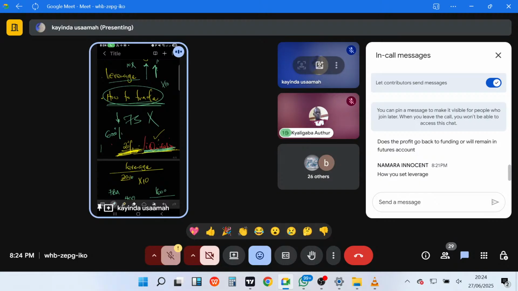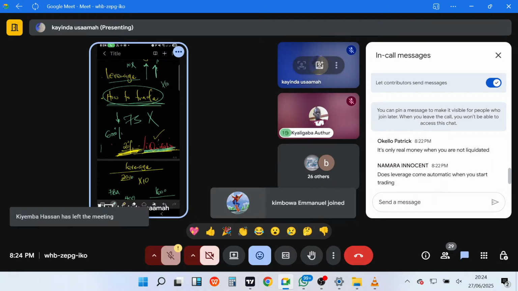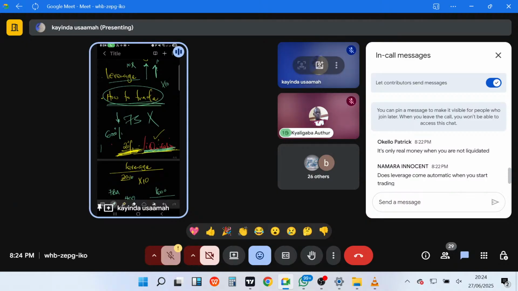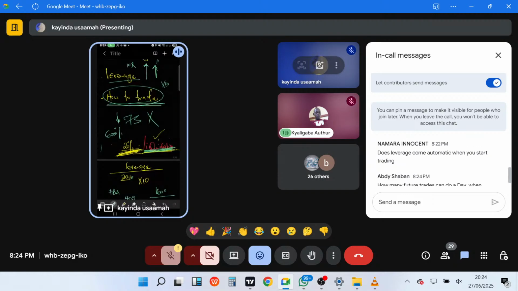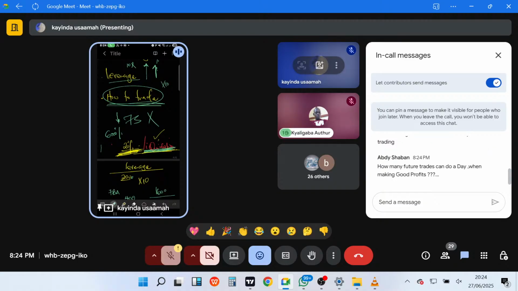Someone asks, how do you set leverage? We are going to look at that tomorrow. It's only real when you are online. He's asking, does leverage come automatically? No, my brother, not at all. You set it. We're going to look at that tomorrow. That's our tomorrow's training. Tomorrow's training is going to be at 12 p.m. On Saturday we train at 12 p.m. during the day.